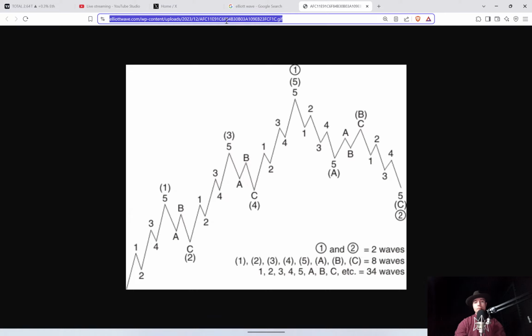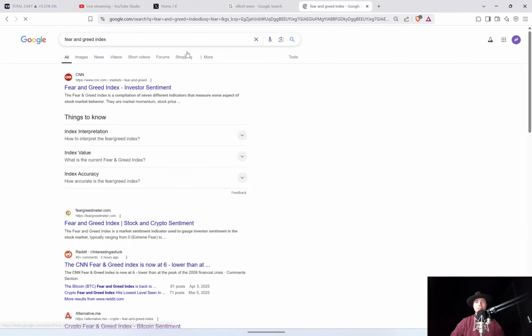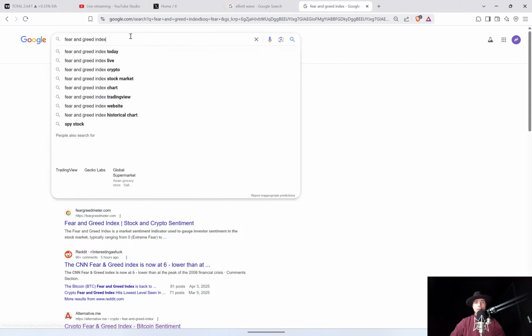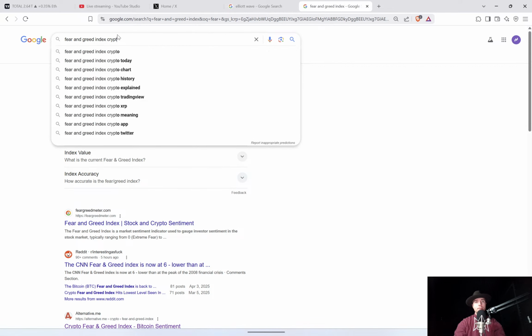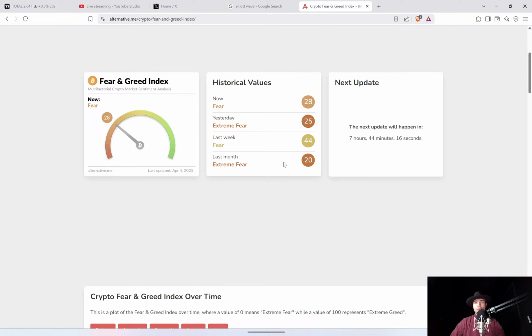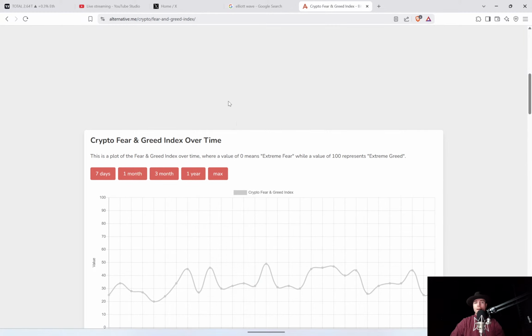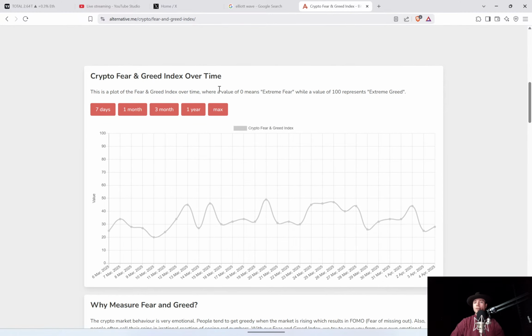And a really good way to look at this is the fear and greed index. Let's see, fear and greed index for crypto. Here we go. So if we look at the fear and greed index, we are in fear. And yesterday we were in extreme fear. So people were really scared of the markets yesterday.